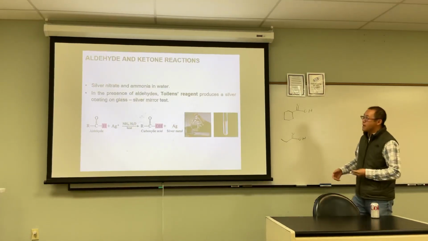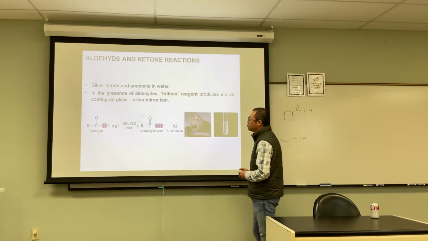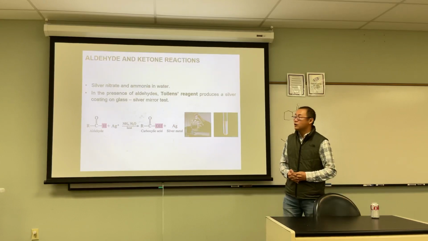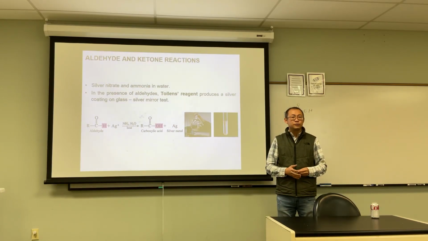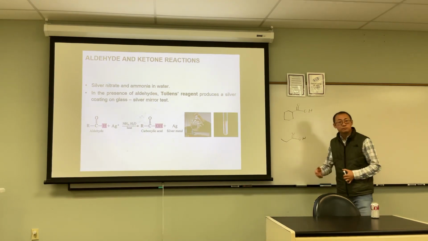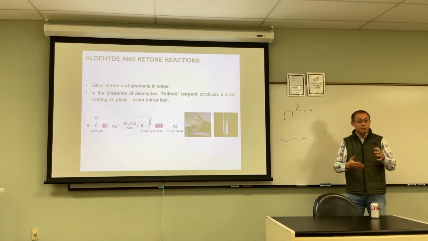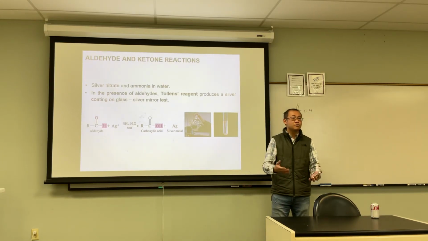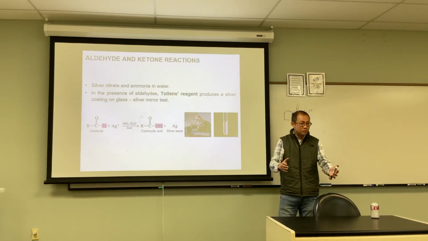Before I move on to the next reactions, I want to introduce two commercial reagents that are used to carry out this oxidation reaction. Basically, they are used to distinguish aldehyde and ketone.